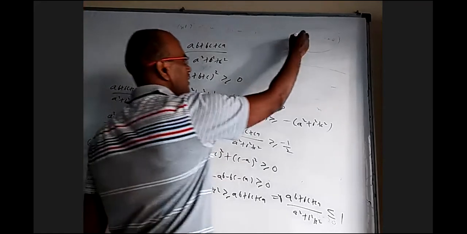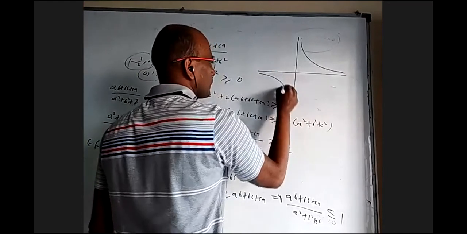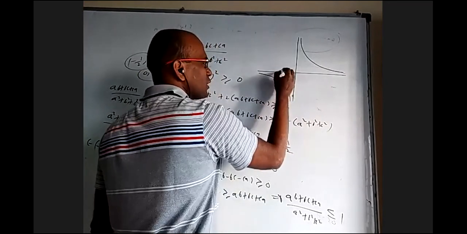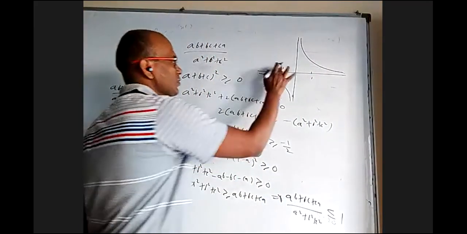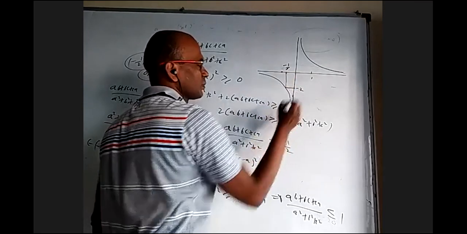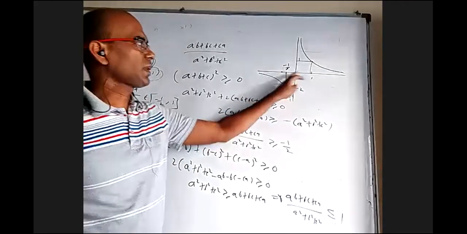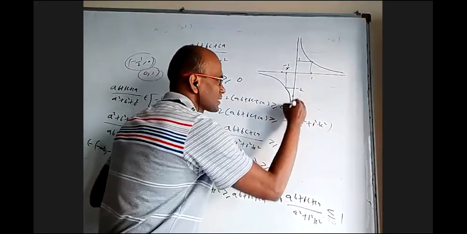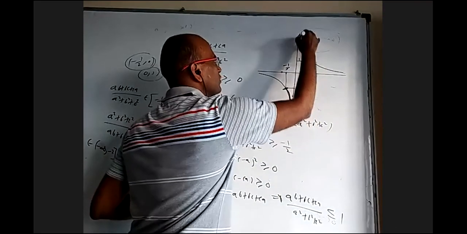Just for some clarity, if you take the graph of 1 by x and take x values between minus 1 by 2 to 1, this is minus 1 by 2. Then the corresponding value here is minus 2. The corresponding value here is 1. When you take x between minus 1 by 2 to 1, you are taking this graph from here and this graph from here.